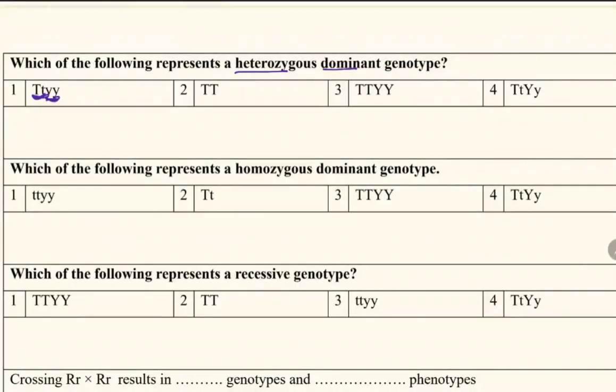This half the answer is correct, but the other half is no. This one is homozygous, but it is dominant. It says hetero, not homo. This is homo pure, which is dominant. And the last choice is the correct answer because it represents hetero, different, and dominant. So this is the correct answer.